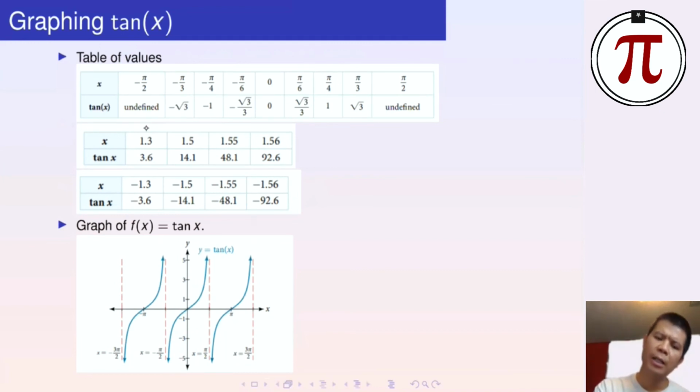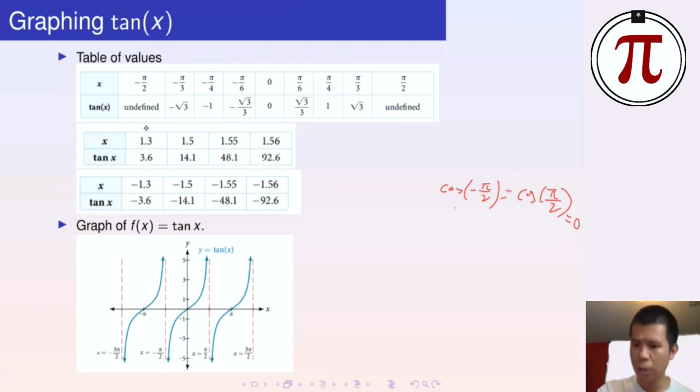At the angle negative pi over 2, cosine of negative pi over 2 equals cosine of pi over 2, since it's an even function. So this would be 0. Cosine is 0, so tangent is going to be undefined.